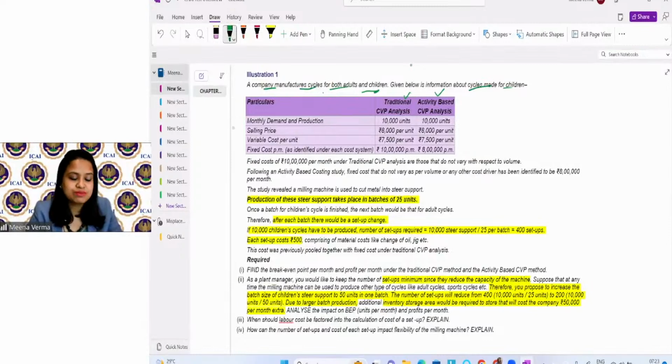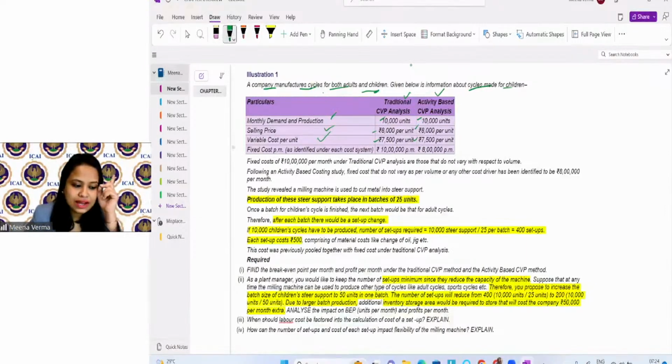Monthly demand and production is this. The selling price is this and this in both the cases. Variable cost is this and this in both the cases. What is the fixed cost per month?